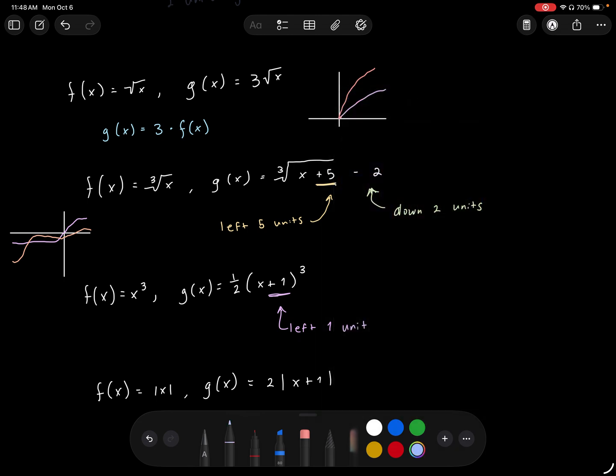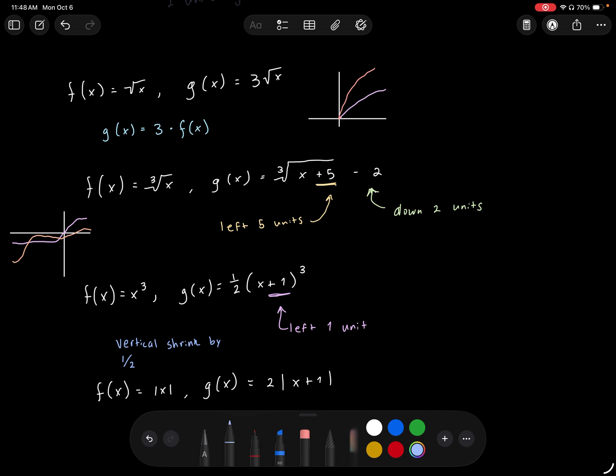This 1/2 is going to make it vertically flatter. So a vertical shrink by 1/2 and the shift left 1.